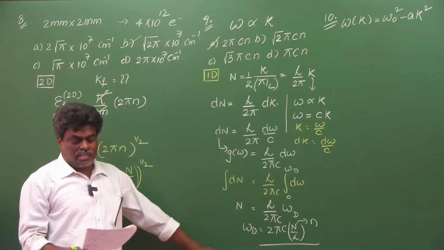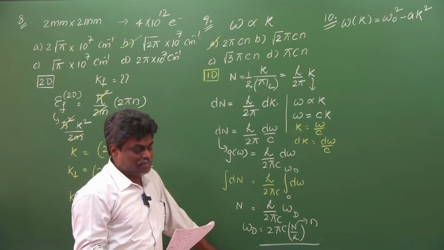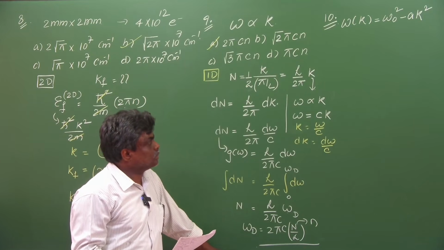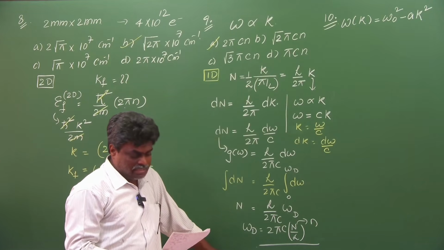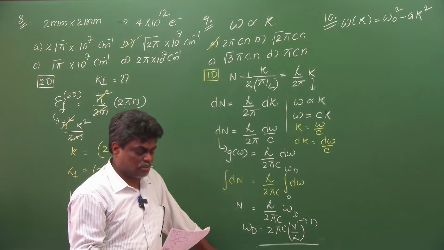The dispersion relation of optical phonons in a cubic crystal is given by omega of k equal to omega naught square minus ak square, where omega naught and a are constants.